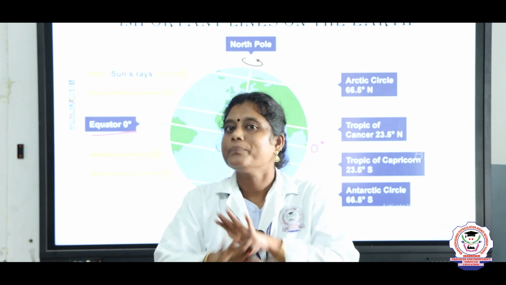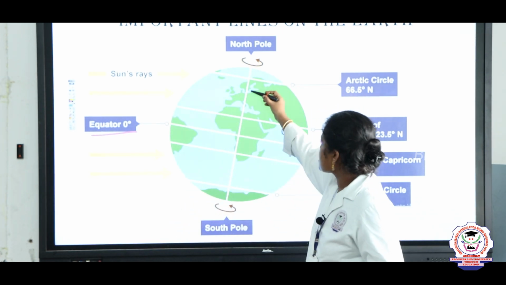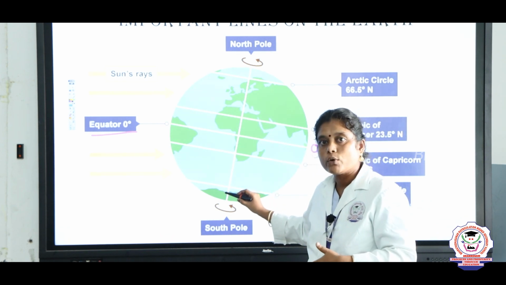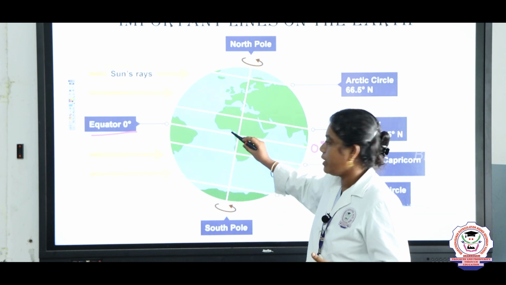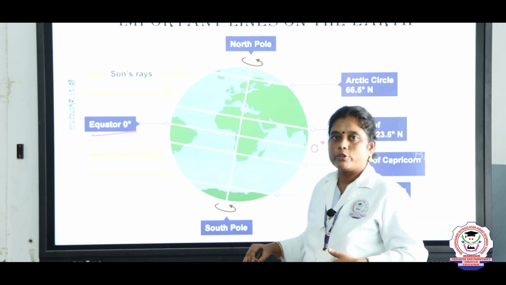This upper part is known as the northern hemisphere and this lower part is known as the southern hemisphere. So the equator divides our earth into the northern hemisphere and the southern hemisphere.